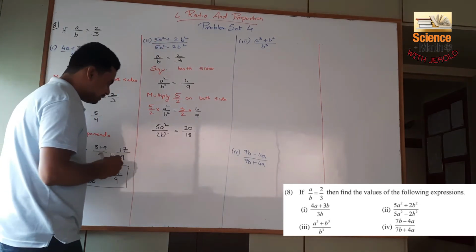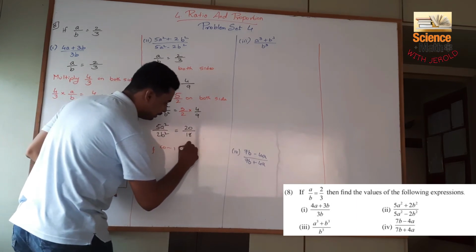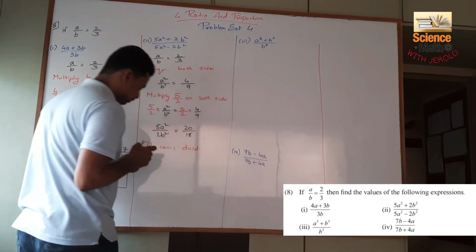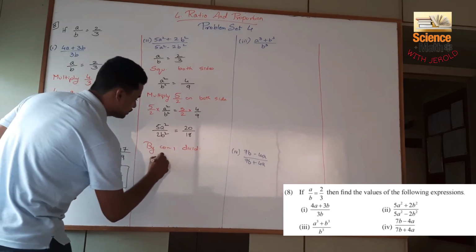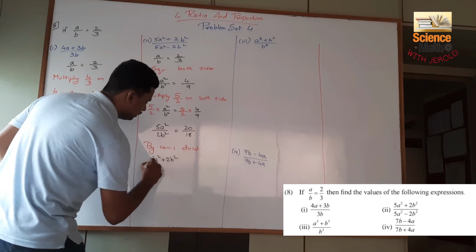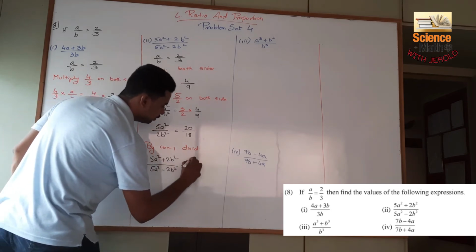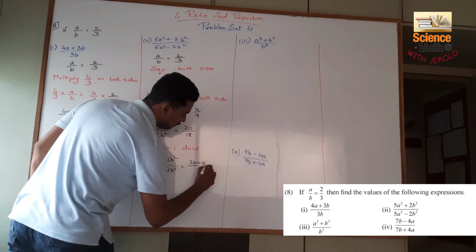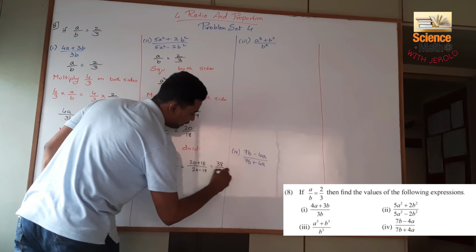So what I do is by componendo dividendo, I will get (5a squared plus 2b squared) divided by (5a squared minus 2b squared) is equal to (20 plus 18) upon (20 minus 18), which will give me 38 divided by 2.